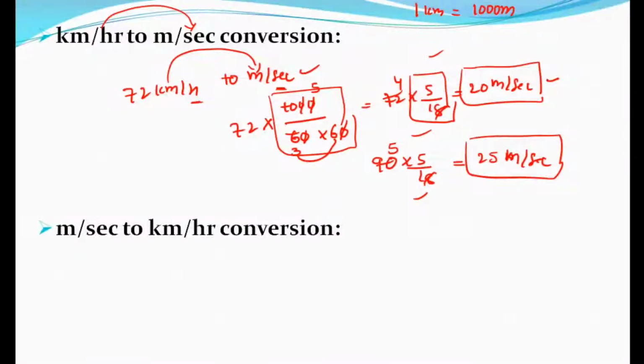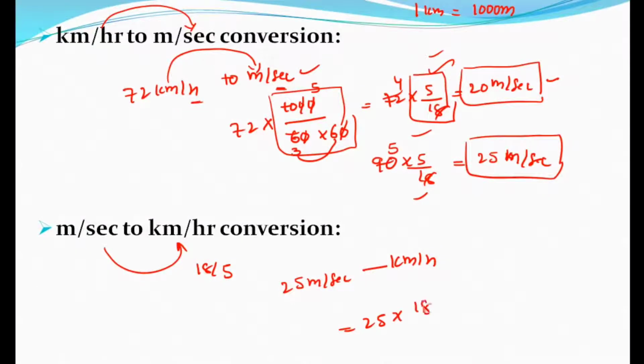Okay, so to convert kilometer per hour to meter per second, we are using directly 5 by 18. And next, the same: convert meter per second to kilometer per hour, directly we are using 18 by 5, just the reverse. For example, 25 meter per second, convert to kilometer per hour, then 25 into 18 by 5. 5 ones are 5, 5 fives are 25, 18 fives are 90 kilometer per hour.